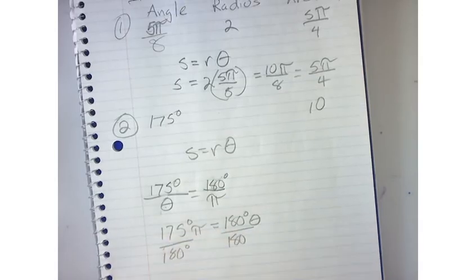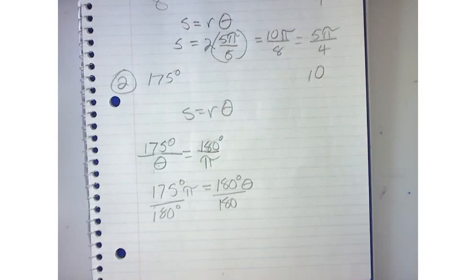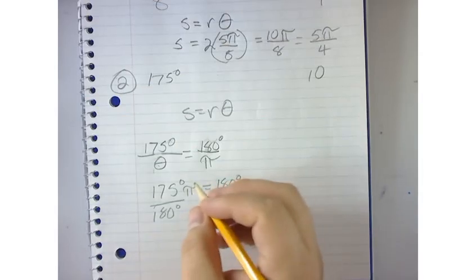And what is that? 175 pi divided by 180. It's like 3.05.